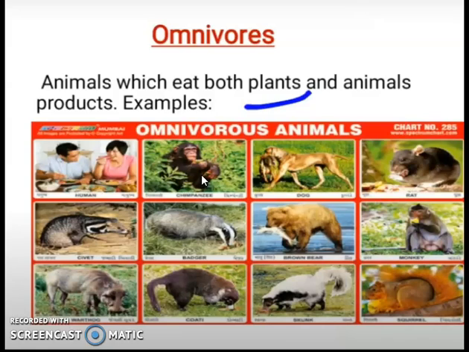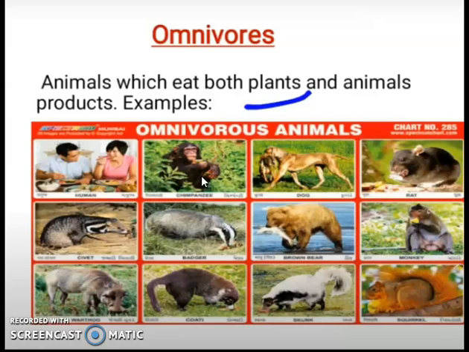You might be surprised. You might have been thinking that monkeys are always plant-eating animals, isn't it? They eat berries and fruits, but they can eat the flesh of other animals, very small animals, like the birds do.